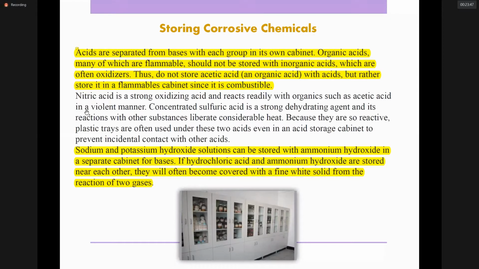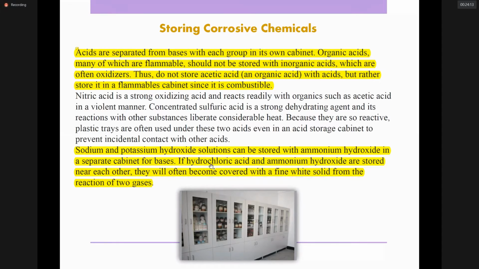Also, nitric acid is a strong oxidizer, as we know, so it will react fast with organics such as acetic acid. So while you are storing nitric acid, it must be separated. Sodium and potassium hydroxide can be stored with ammonium hydroxide in a separate cabinet.